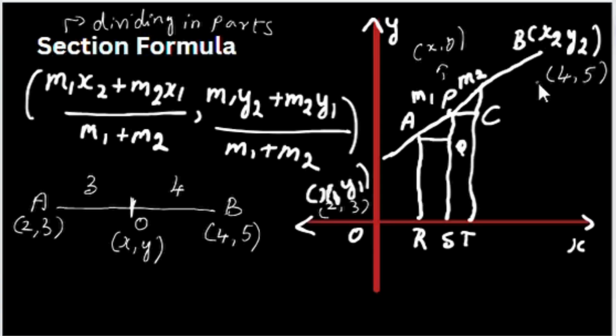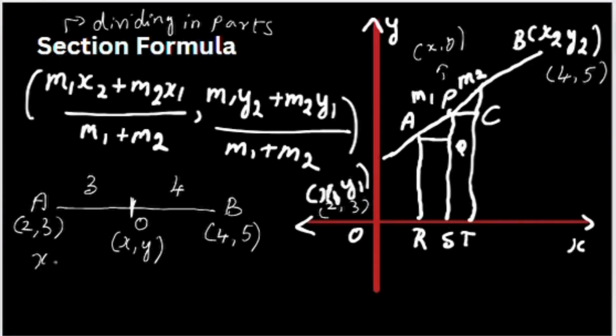This is an example, kids. With these points I'm going to substitute in the formula. x1 equals 2 and y1 equals 3, and here x2 equals 4 and y2 equals 5.